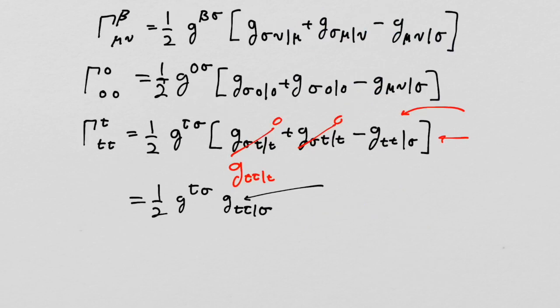So that means that sigma has to be rho: 1/2 g t rho times the derivative of g t t with respect to rho. Now this is non-zero. The problem is, remember, g is diagonal. It's totally diagonal.